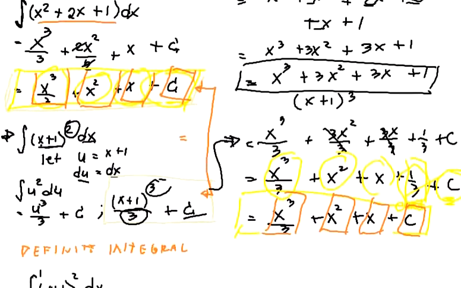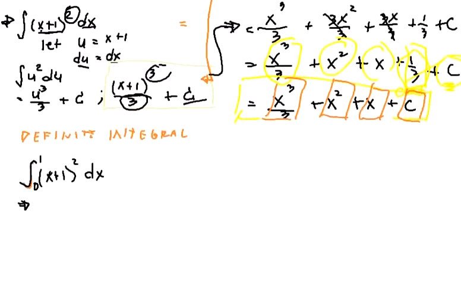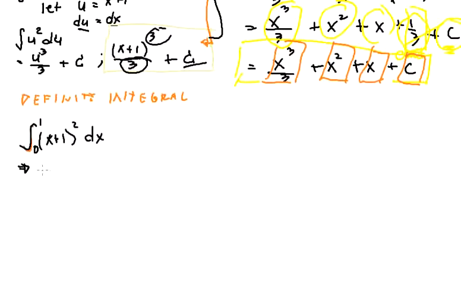We have x cubed all over 3 plus x squared plus x. So instead of writing plus c, since this is the definite integral, we write the limits from 0 to 1 at the end of this, and then substitute the values of our limits.